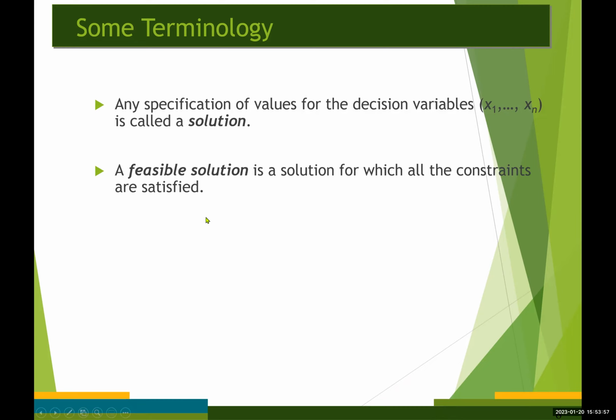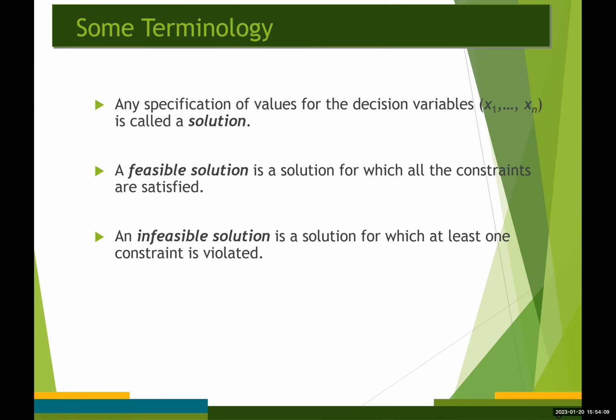And a feasible solution is a solution for which all of the constraints are satisfied, including the sign restrictions. In other words, an infeasible solution is a solution for which at least one of the constraints, even the sign restriction, is violated.